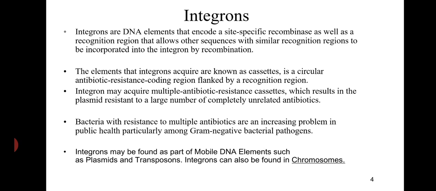Integrons may be found as part of mobile DNA elements such as plasmids and transposons, and they can also be found in chromosomes. So integrons are a common structure in plasmids, transposons and chromosomes. The discovery of integrons was initially made on conjugative plasmids through their role in antibiotic resistance.